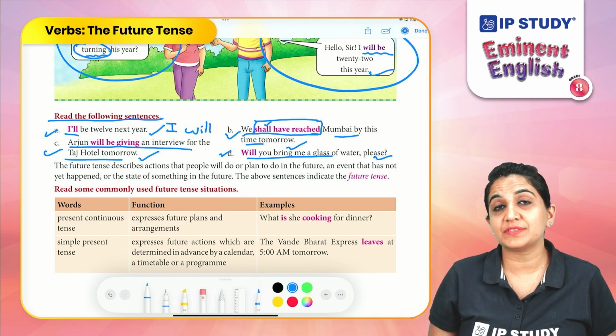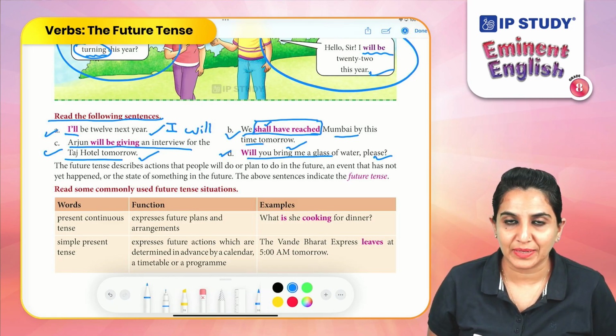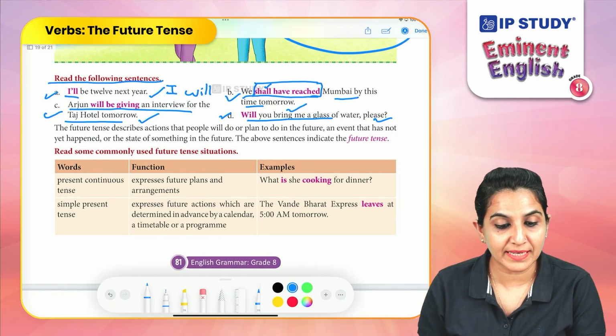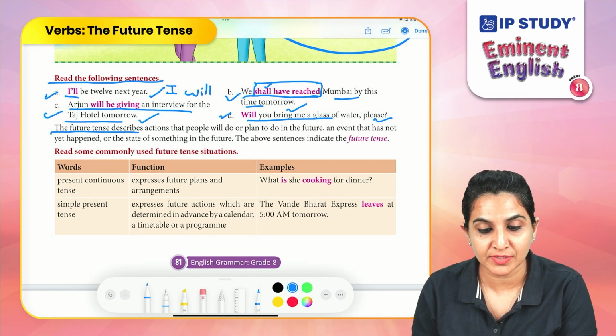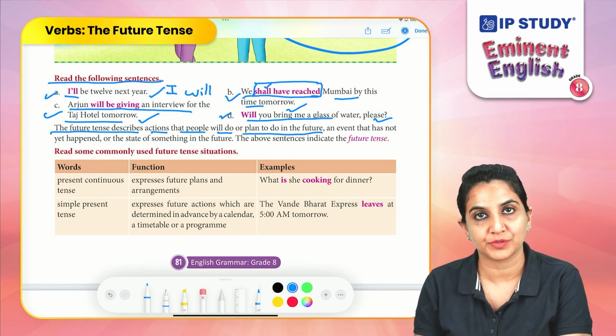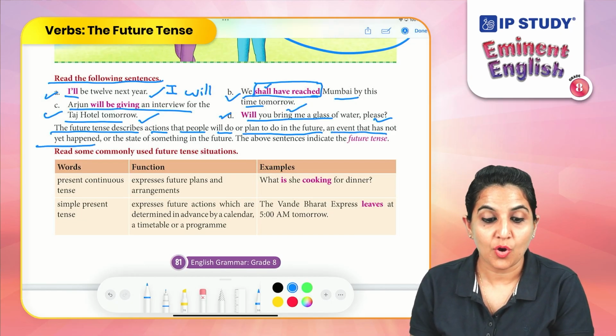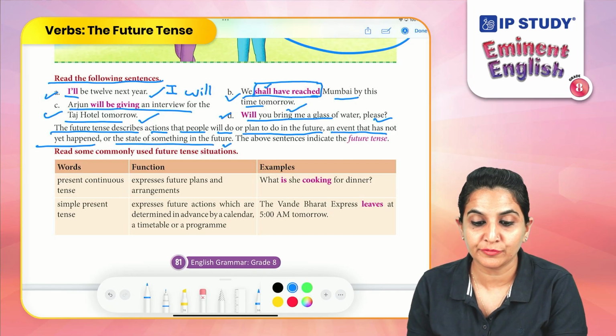So for these kinds of sentences, we use will in the future tense as well. The future tense describes actions that people will do or plan to do in the future, an event that has not yet happened or the state of something in the future.